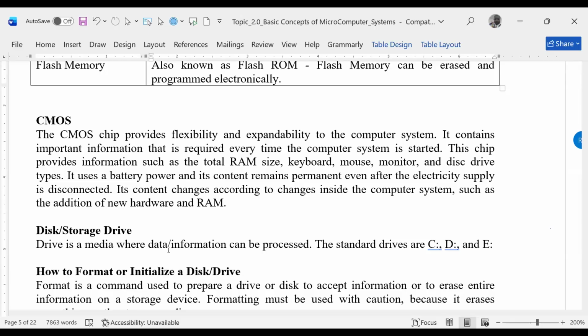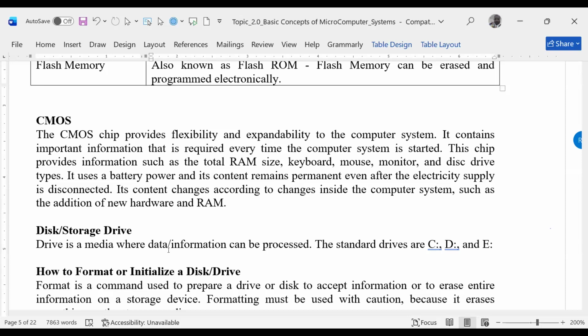In the 90s, computers were not compatible with mobile phones. Why? Because the CMOS was not designed or manufactured to make those systems compatible. But today, the advancement of the CMOS enables you to connect your computer with other devices.